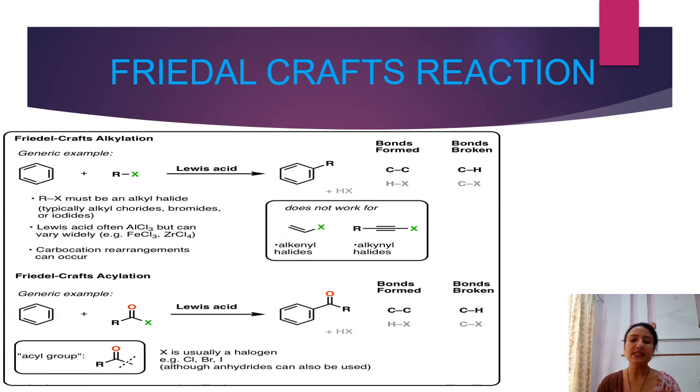The questions that arise are: write the difference between SN1 and SN2 reactions; why the slow step is rate determining; and where inversion and where retention of configuration occurs. These questions come in the board exam for 5 marks. Every year we see this question, and SN1 and SN2 reactions are a very important topic of this chapter.